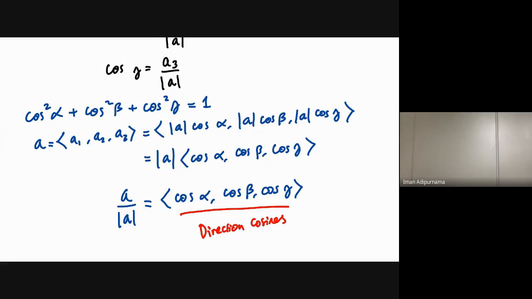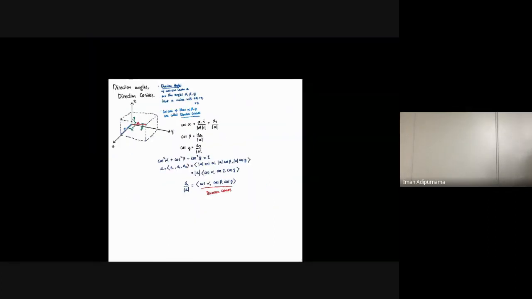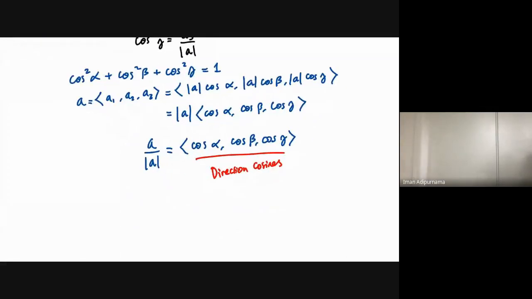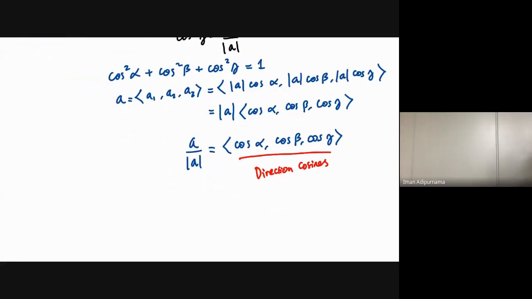So whenever you find, find the direction angles, blah blah blah, find the direction cosines, it means it's actually these angles. Okay, these cosines, which are alpha, beta, gamma, the angles between the vector and each positive axis. Okay, that's the direction angles and direction cosines.